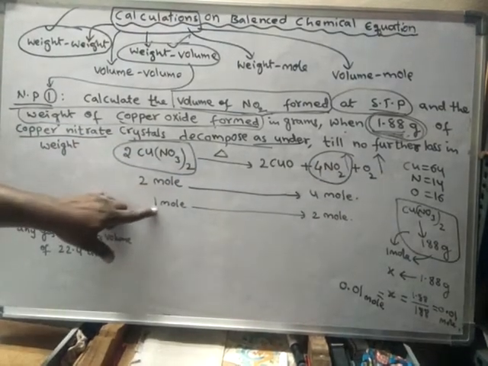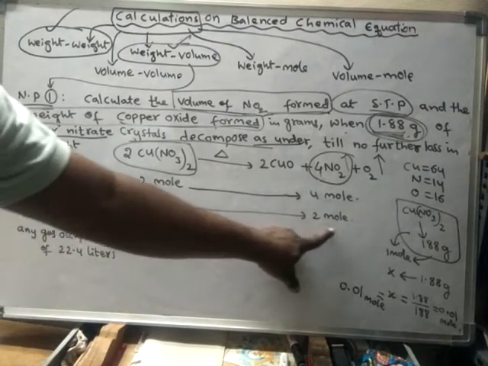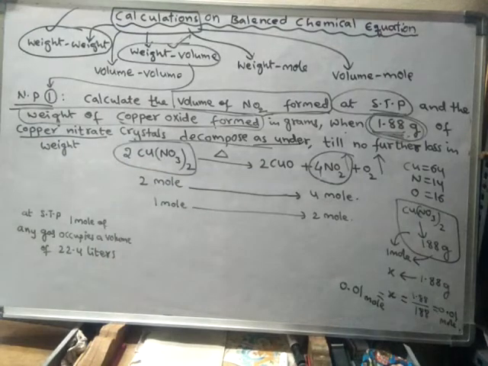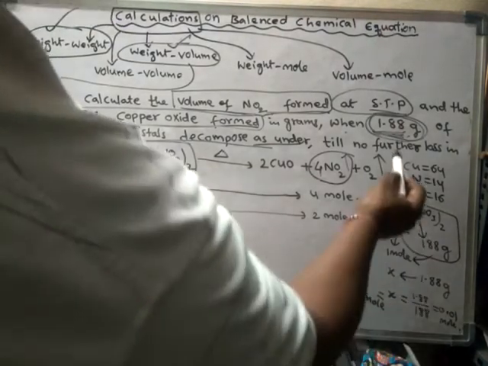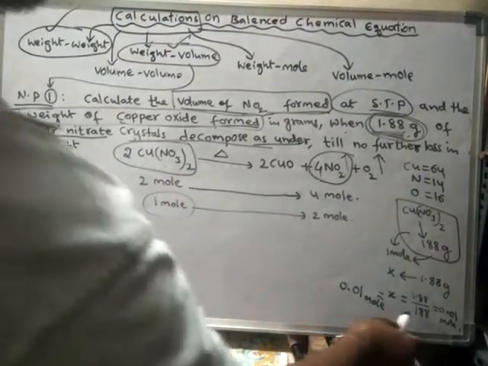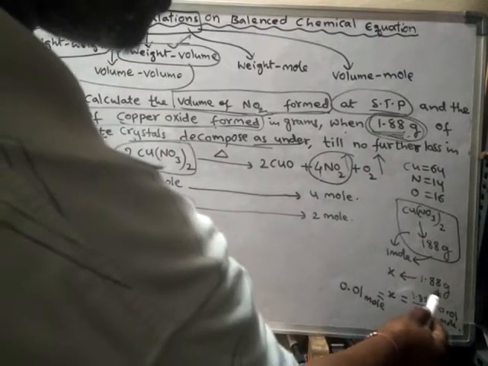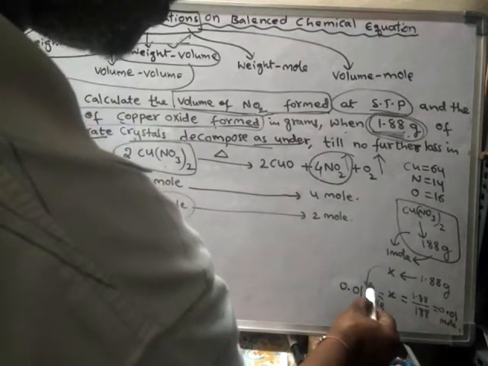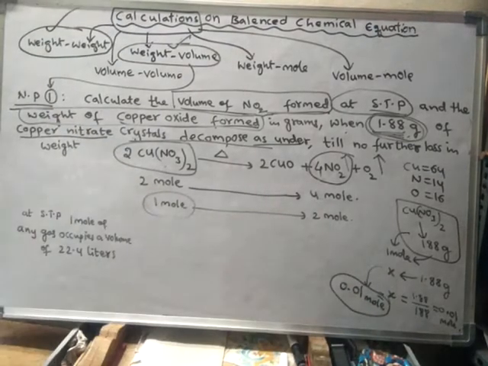That means 1 mole of copper nitrate can produce 2 moles of NO2 gas. But here, how many moles of copper nitrate is given? Only 1.88 grams, which is equal to 0.01 moles only.